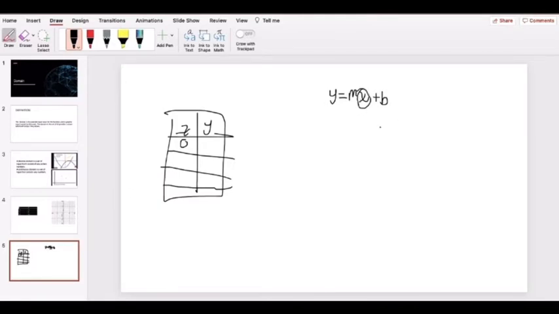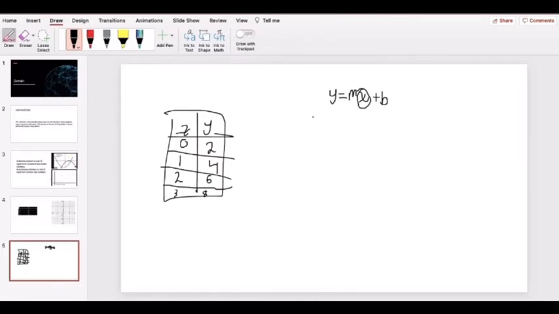Each of these is going to get a number, as we will get into later. Let's say 0 is 2, and then 1 is 4, 2 is 6, 3 is 8.